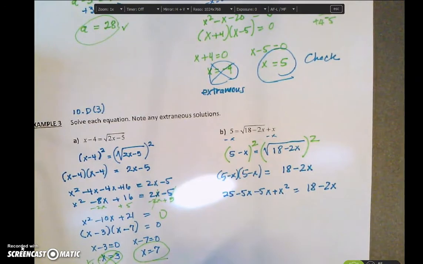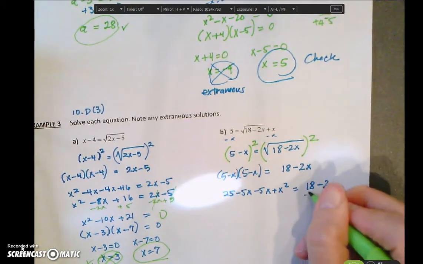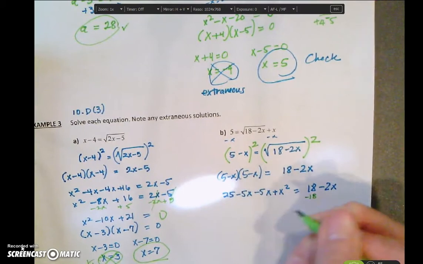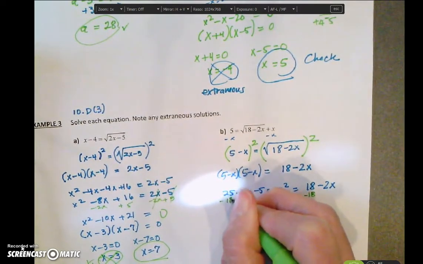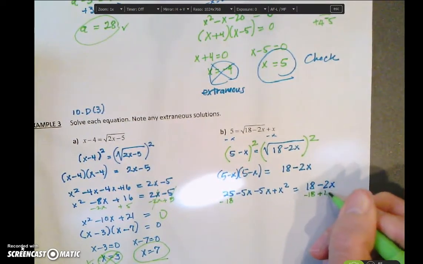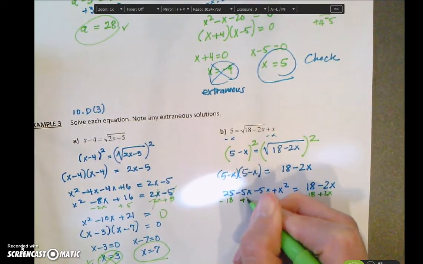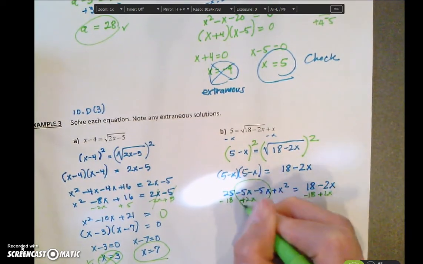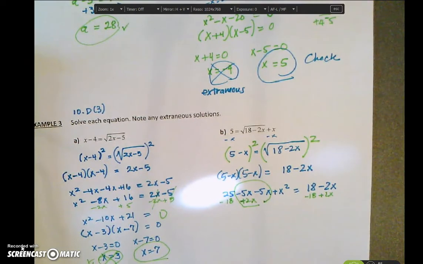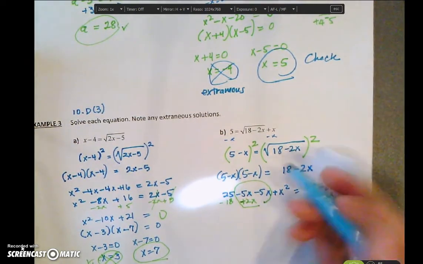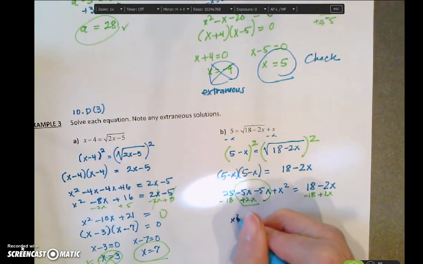So let's remove those numbers. So minus 18, and then plus 2x and plus 2x. So I'm going to have to put these things all together right there. I'm going to put my x squared first, so x squared.